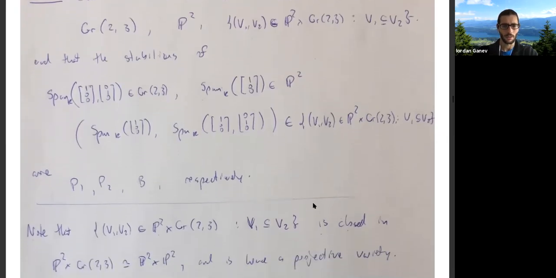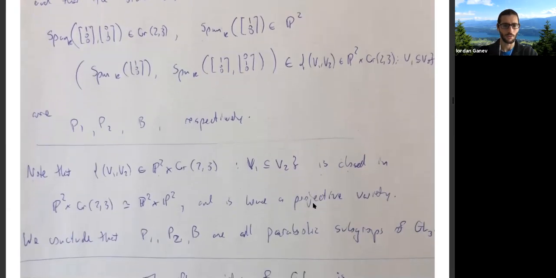Now there's one more thing we need to show, and that is that this variety is closed inside of P2 cross Gr(2,3). I won't go through the details here. There's an exercise that I'll assign that does some of the work for this, but it's closed.